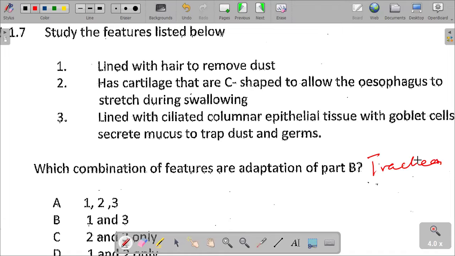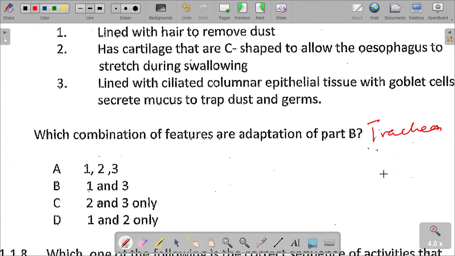If you look at this, the trachea has cartilage that is C-shaped to allow the esophagus to stretch during swallowing. That is correct, so number 2 is correct. Number 1 does not exist, since there is no way to remove dust like that, which is wrong.